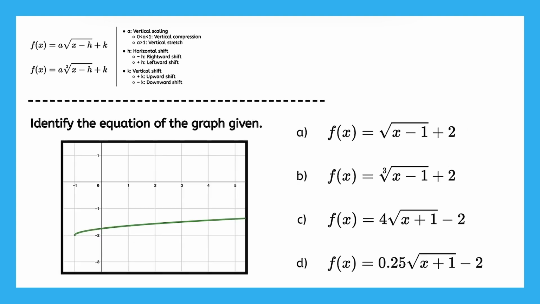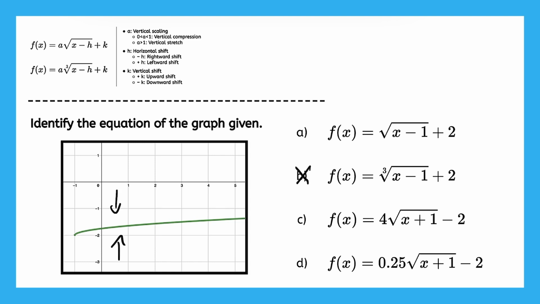All right, so once again, we have clearly a square root graph, but look at how incredibly compressed this has been vertically. This is definitely vertically scaled. So immediately, I know that we can eliminate B because B is a cube root. And because this graph has been vertically compressed, that tells me that A is going to be between 0 and 1. In this lesson, we'll just be dealing with positive A's, okay? So what is the value of A in option A?